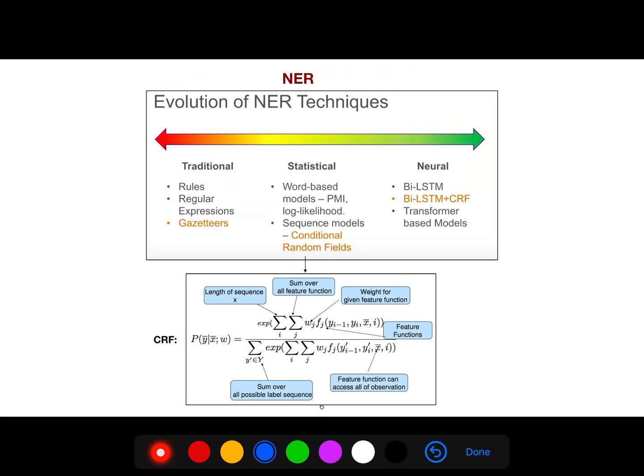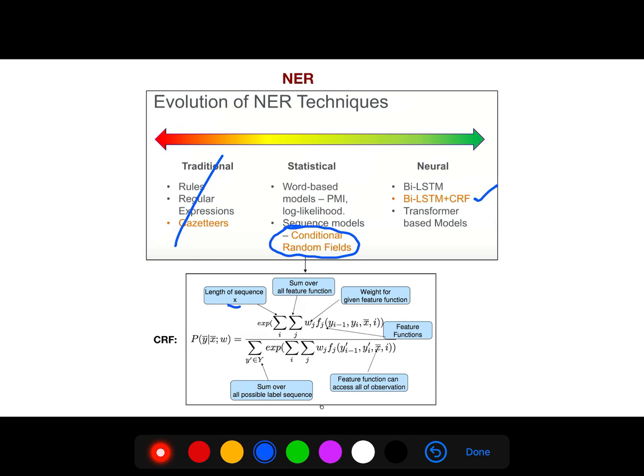And so the evolution of NER, we don't care about traditional statistical methods. Conditional random fields have a beautiful mathematical background. That's why we even use it here in our modern neural networks. So we have the length of a sequence, for example x, and then we sum over all feature functions.